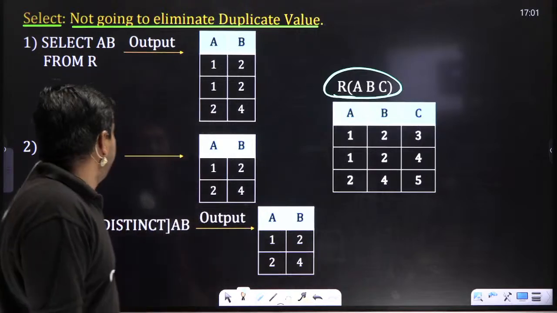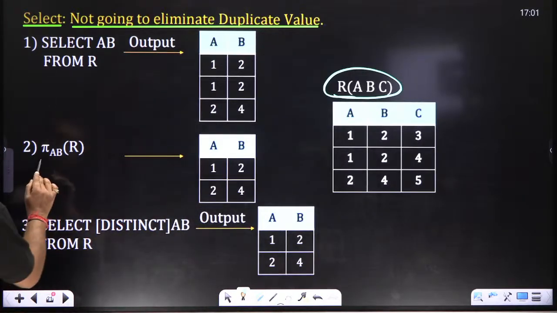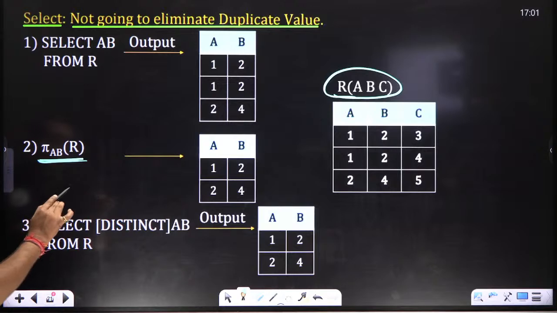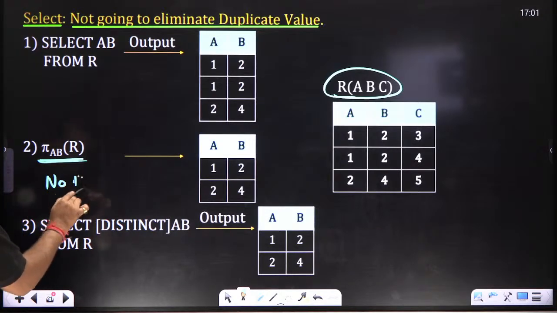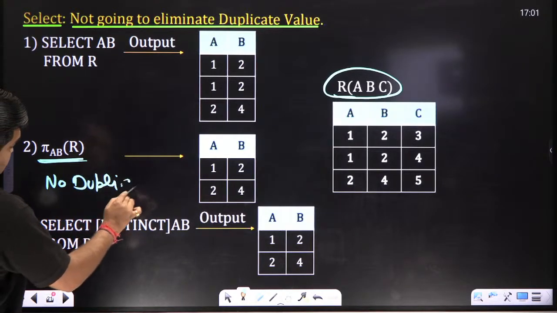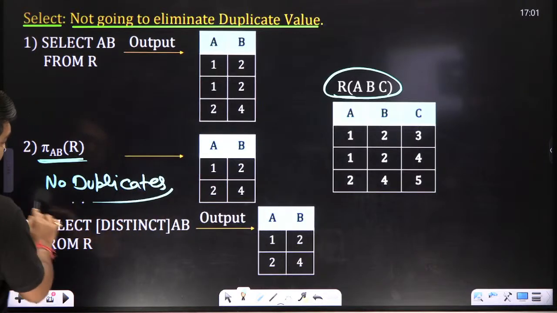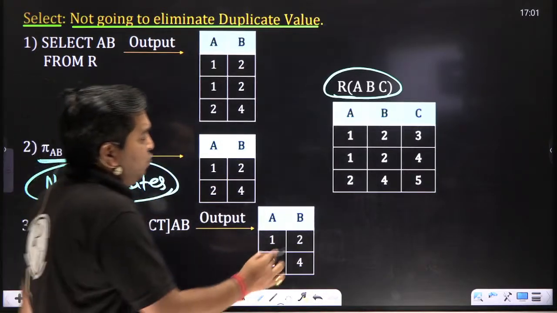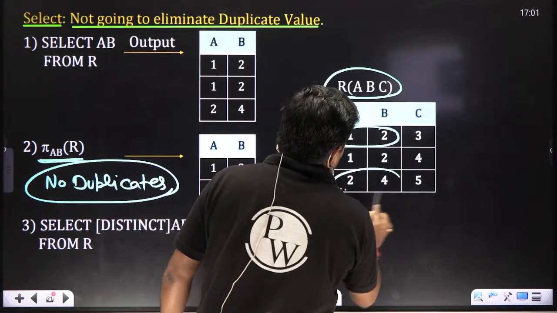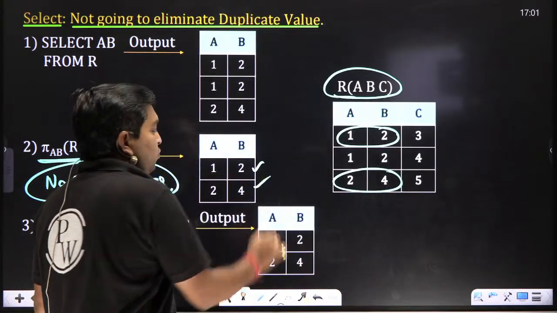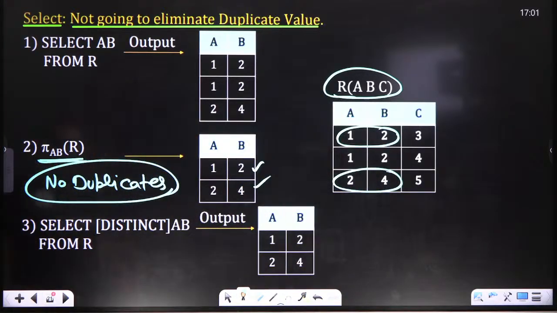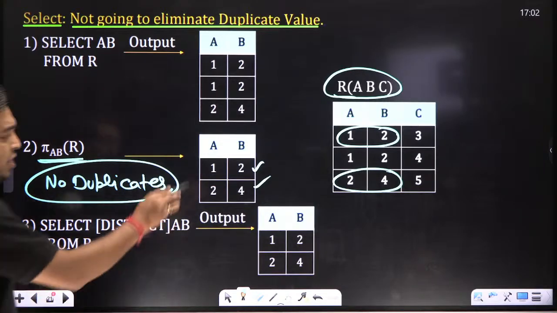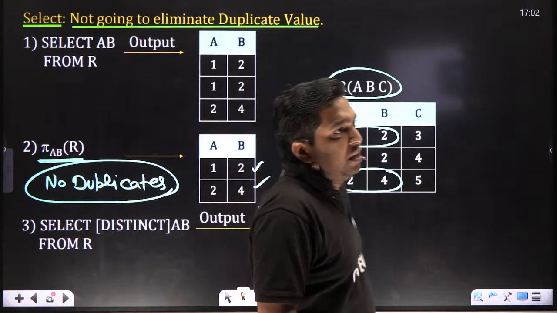Children, clear everyone? Now I will discuss pi AB from R. So no duplicates. In this, no duplicates. So what will you get? 1 2 and 2 4 only. If you want this type of output in relational algebra, you will get it.